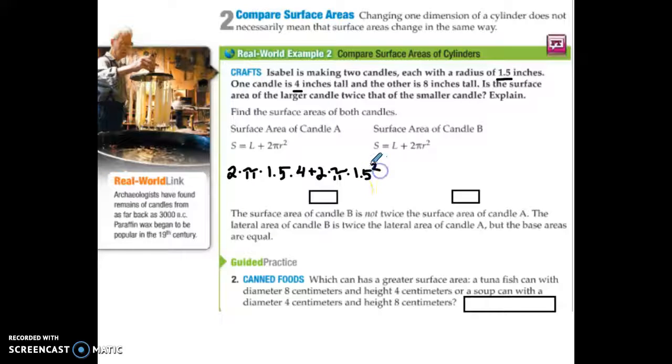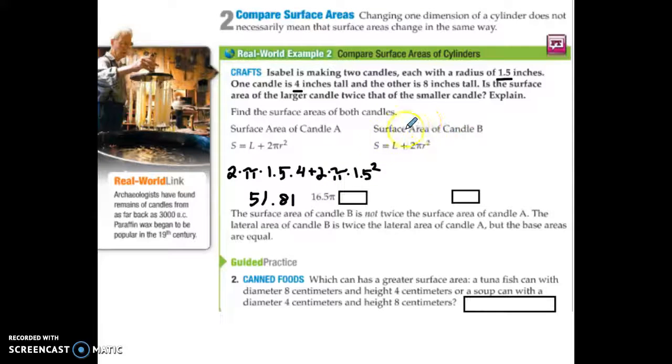I enter all that in a calculator and it gives me an answer of 16.5 pi. And just for clarification, if that bothers you leaving it like that, if I do 16.5 times 3.14, it's actually 51.81. Okay, you'll see why they left it like this in a little bit. So 51.81. And I just round it off.